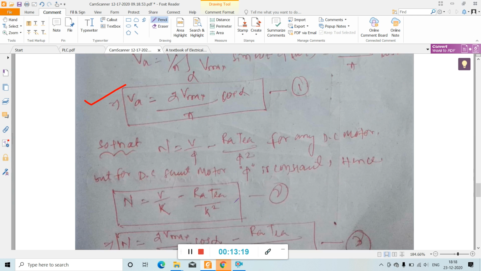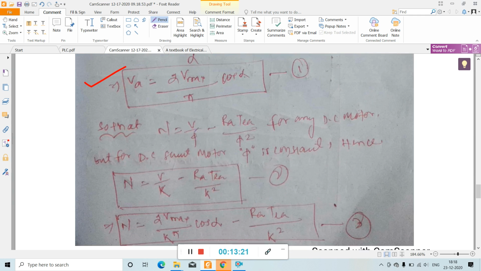So see here, speed is equal to V by phi minus Ra T by phi square. For a DC shunt motor, phi is constant. So V by K, where K is the constant, minus Ra into T by K square.